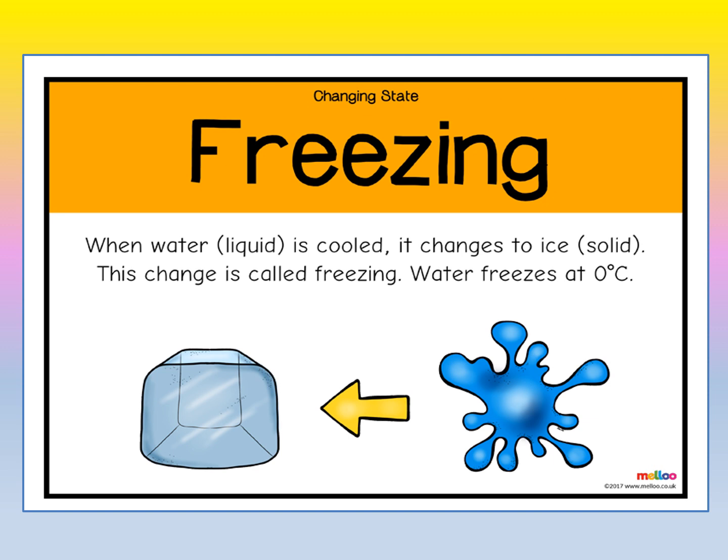Water solidifies at 0 degrees Celsius, but other materials solidify at much higher temperatures. Chocolate, for example, solidifies at room temperature. In science, freezing means the same as solidifying. So freezing is not just a term used for water turning to ice.